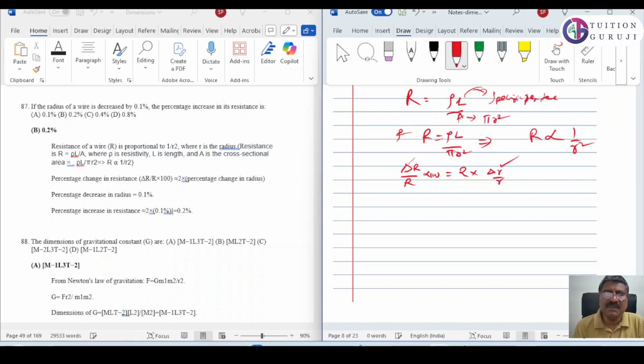This is radius. Capital R is resistance. It's equal to 2 into 0.1%. So it will be 0.2%.